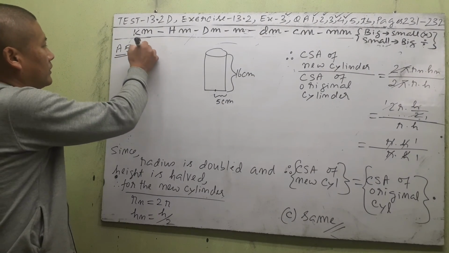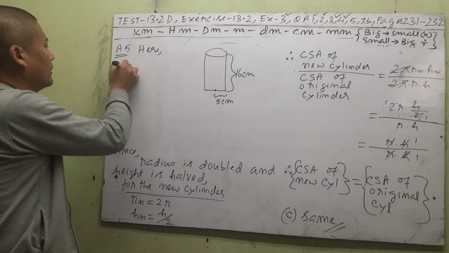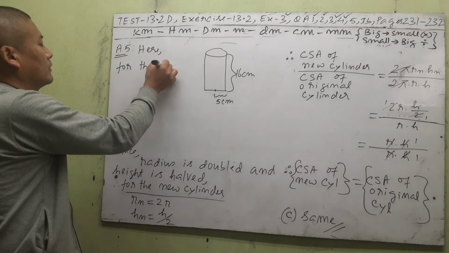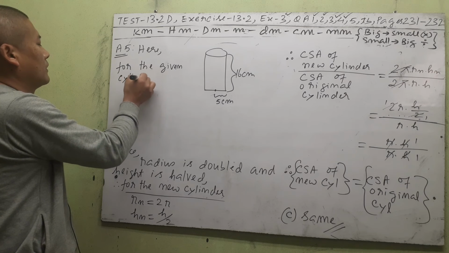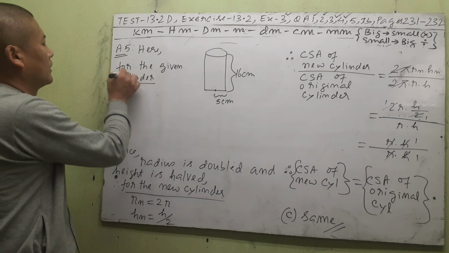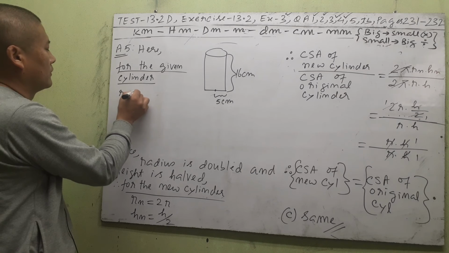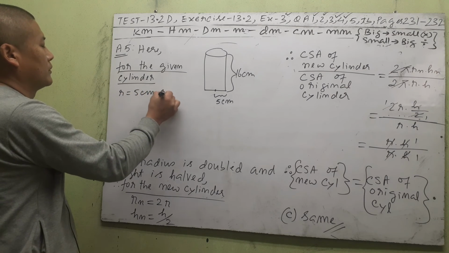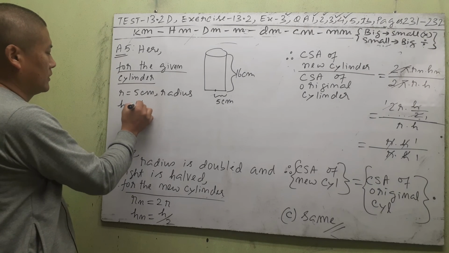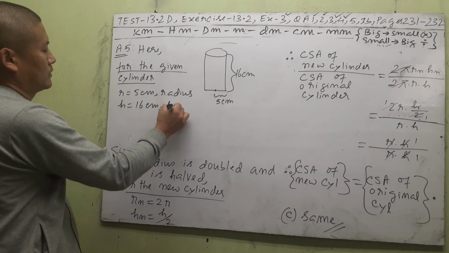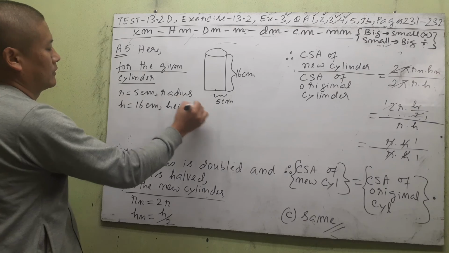So for the given cylinder, r equal to 5 centimeter is the radius, and h equal to 16 centimeter is the height.